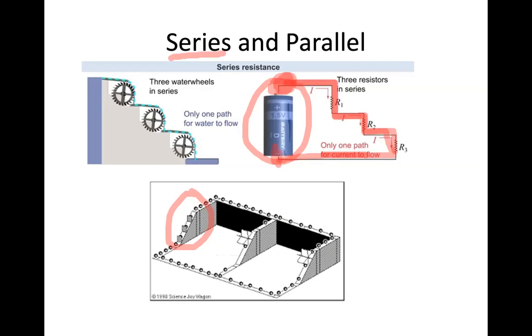There's only one path. Think about it as only one tube, one pipe for the water to flow through. But in that pipe, there are three, in this case, three separate resistors impeding its flow.